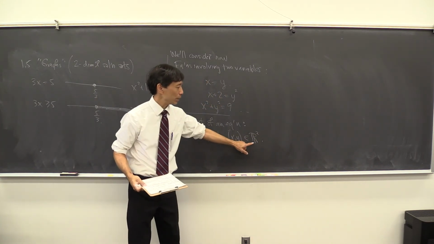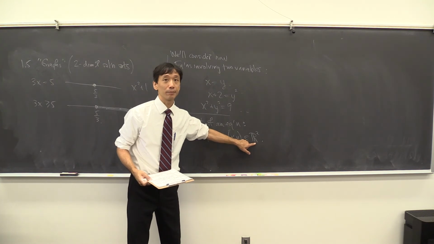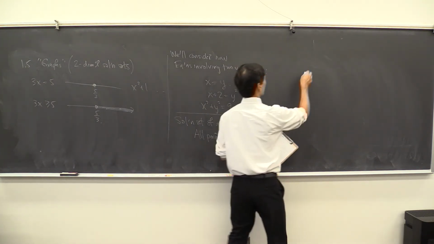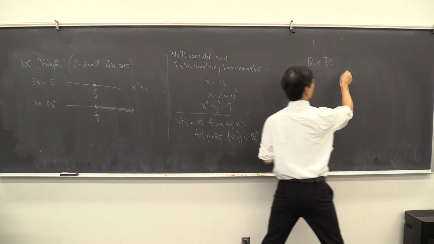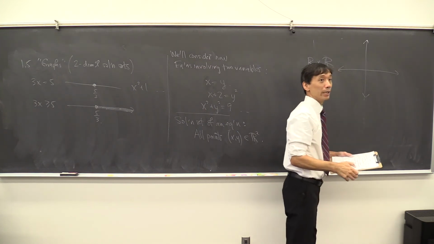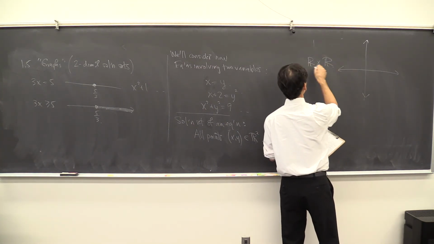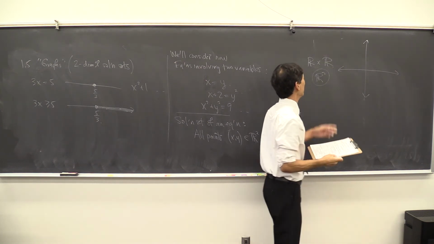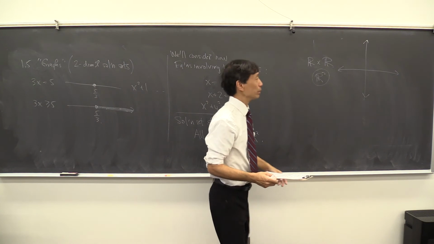Let me introduce the notation for the plane. We use R squared to represent the plane. R cross R: you've got the real line, and you cross it against another real line, and you get the plane. R squared is the more common way, but if you called it R cross R, people would also understand that.